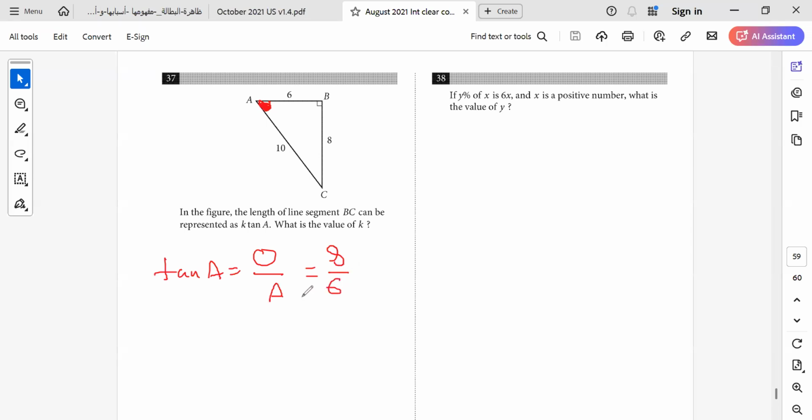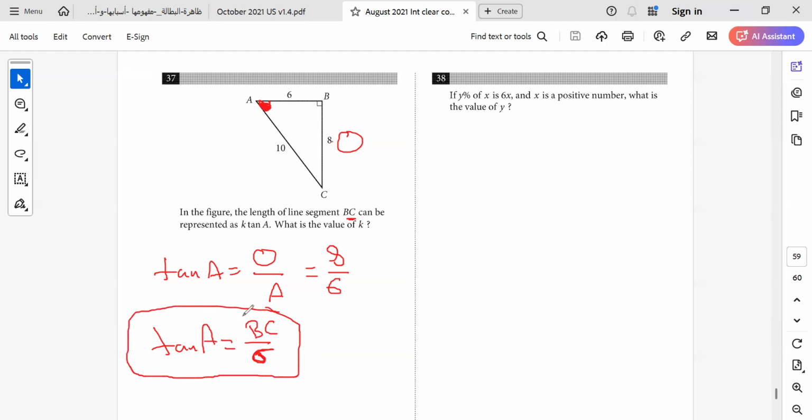What is the problem with BC? BC is the opposite already, right? I can write tan A as BC over 6. Is it right what I wrote here?